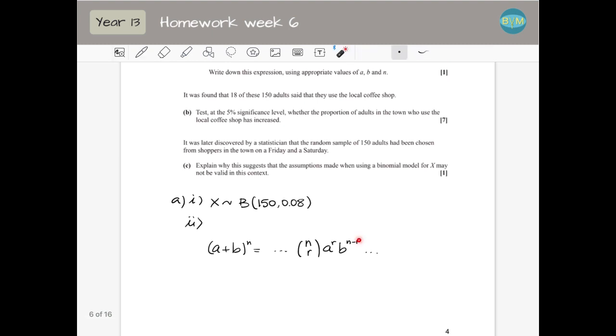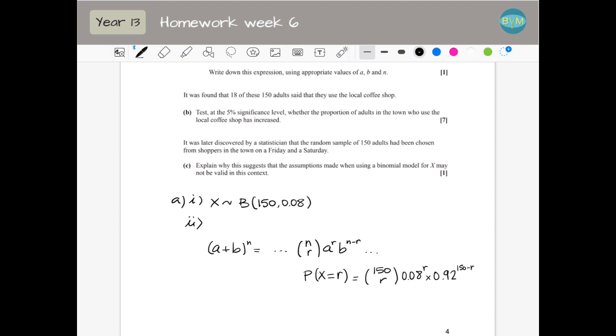If we compare this with the formula of the binomial distribution, this is the probability of X being r. So if we compare this with our binomial and use the numbers of our binomial, this would be 150 choose r, a is going to be 0.08 to the power of r, and b is going to be 0.92 to the power of 150 minus r.